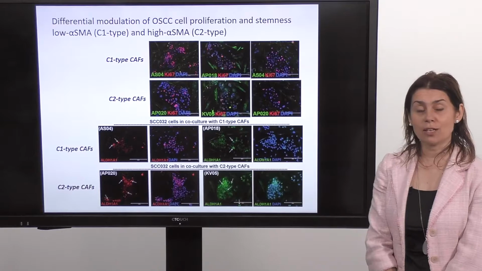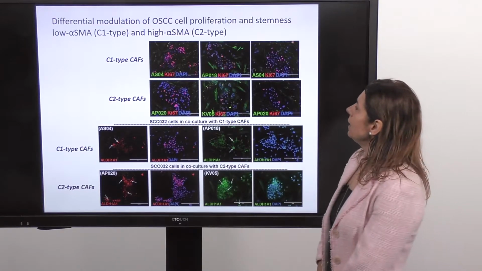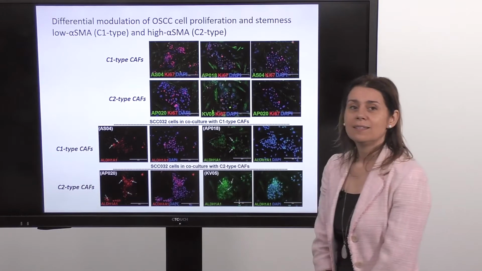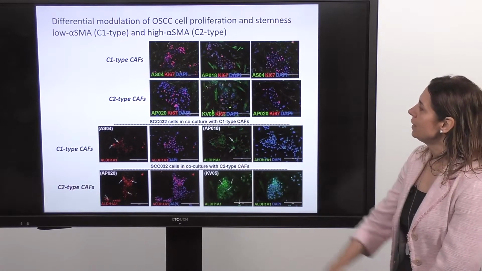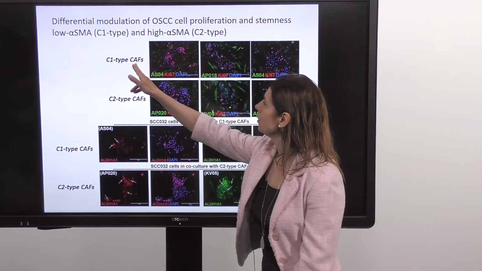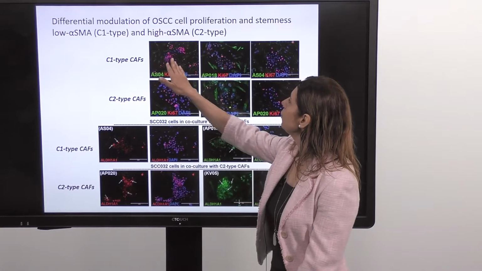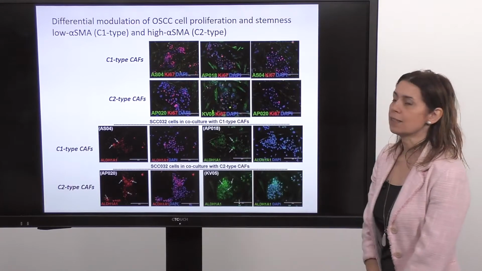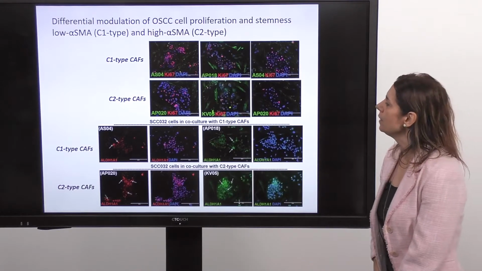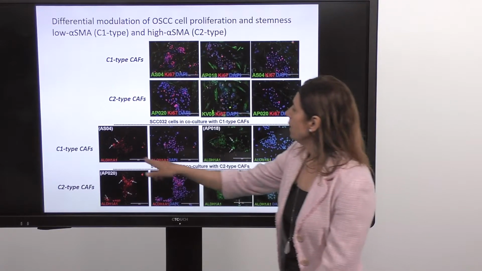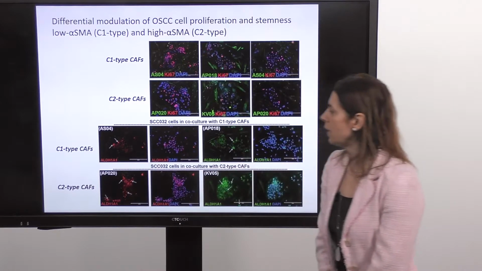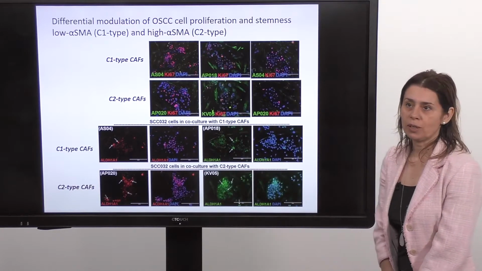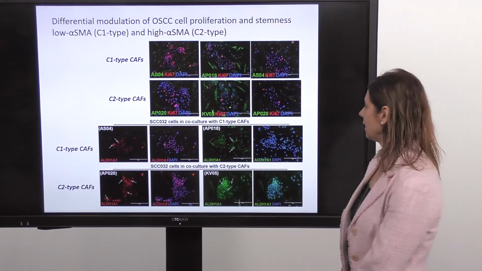When they looked at the interactions with cancer cells, they made at least two very interesting observations. One was that the C1 type of cancer-associated fibroblasts could stimulate the proliferation of cancer cells, in different cell lines. However, they didn't seem to support the expression of ALDH1, which is a marker of stem-like cancer cells.